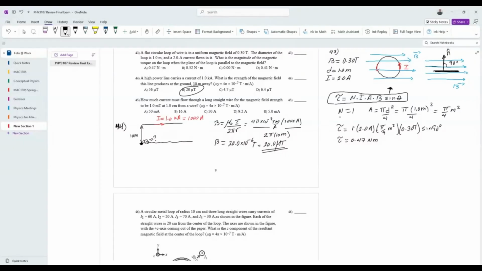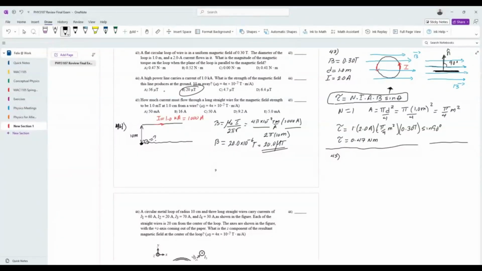Now look at the next one, number 45. It's pretty similar to this one. It's basically the same formula, but it asks you for a different quantity. They say how much current must flow through a long straight wire for a magnetic field strength to be 1 millitesla at 1 centimeter from the wire.